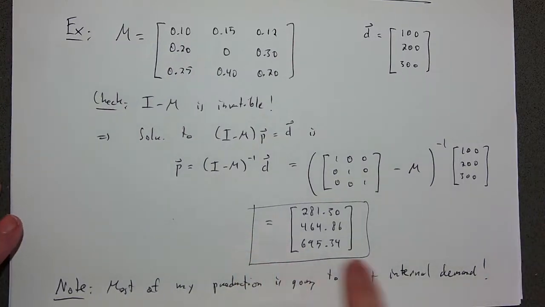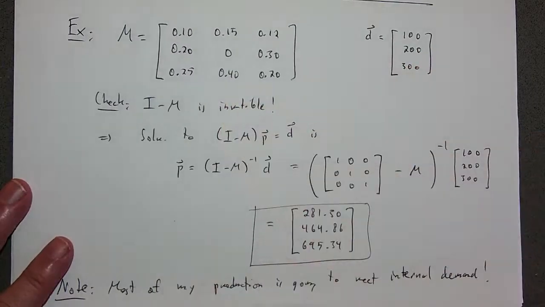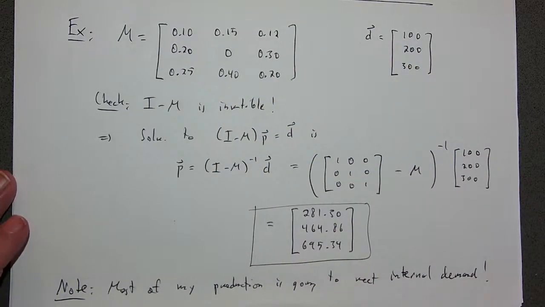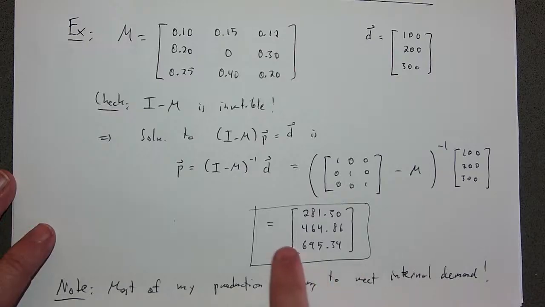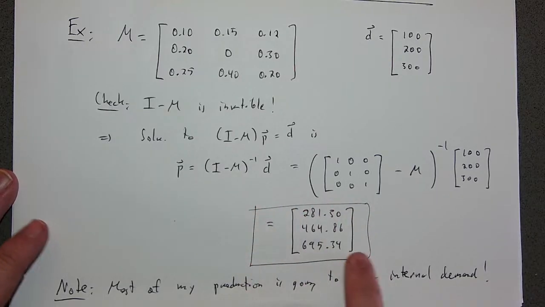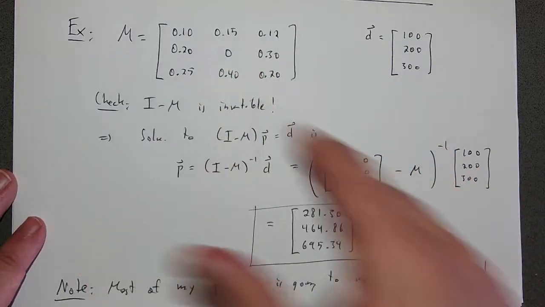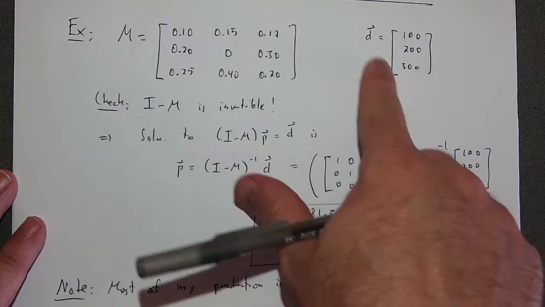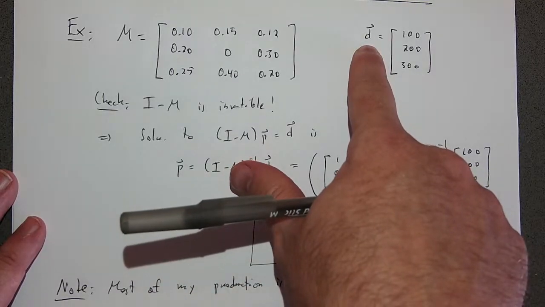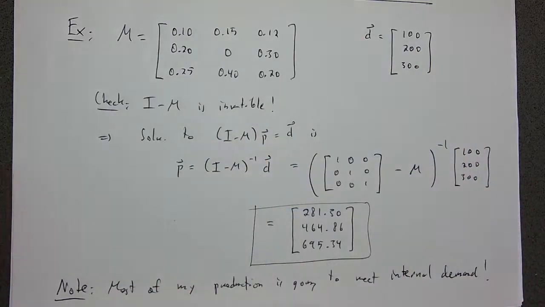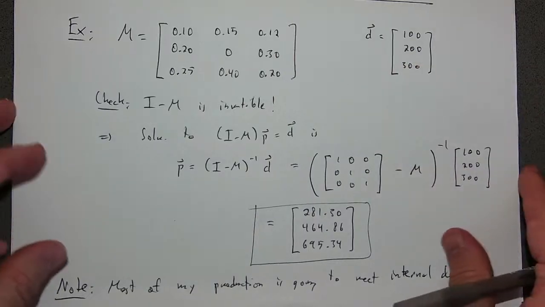If this is what I need to set my production at in order to meet both the external and internal demand, then from this production vector P I should be able to see what is required for the internal demand, just by subtracting off the external demand. So P minus D should tell me exactly that.